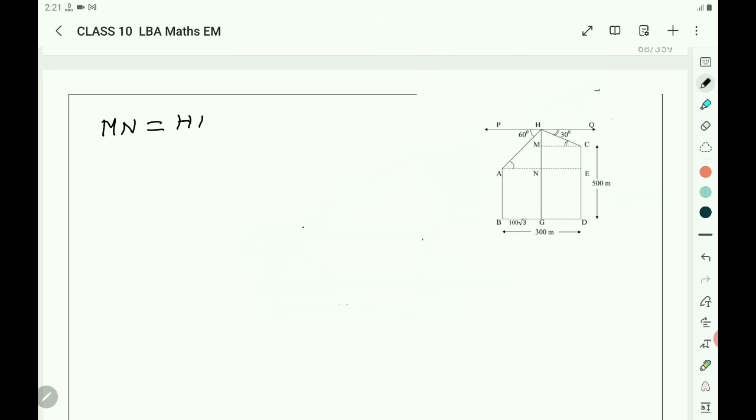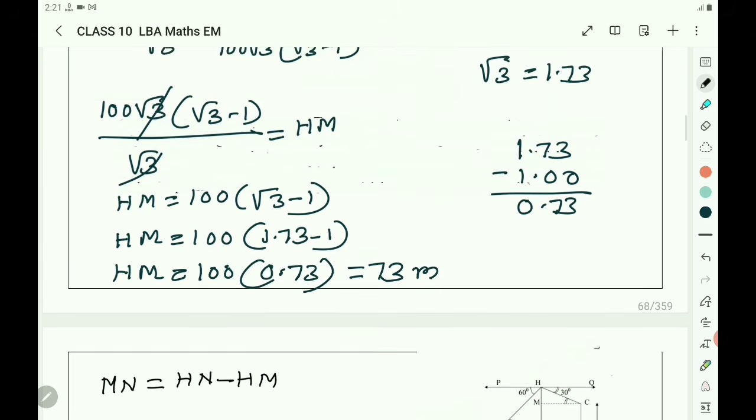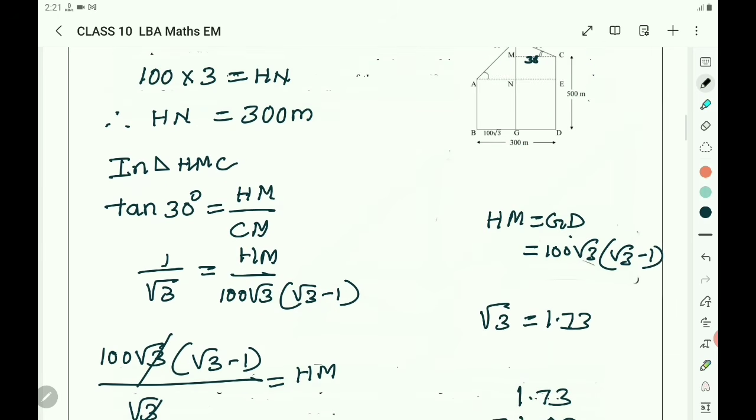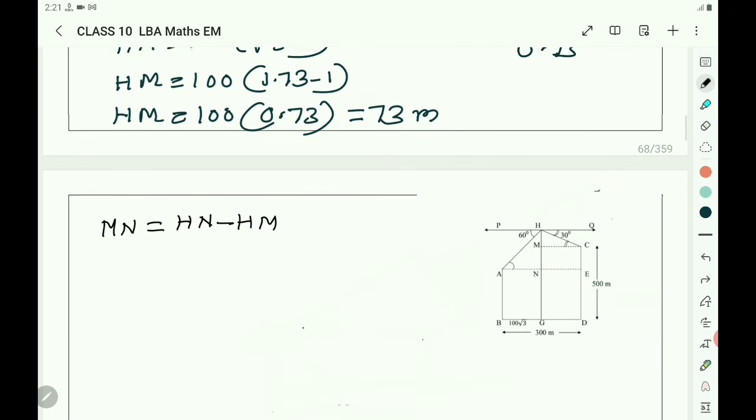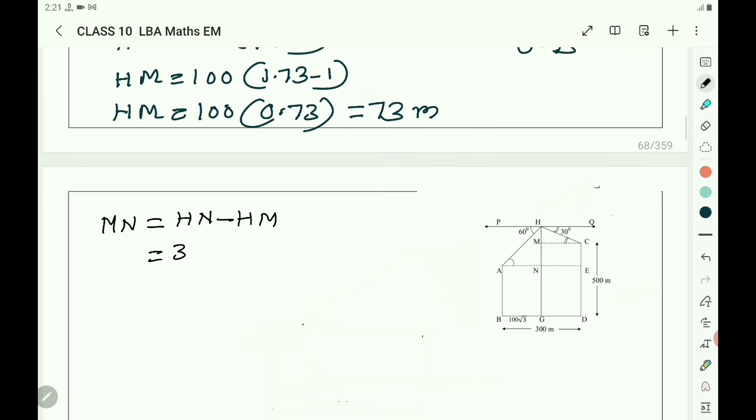HN minus HM. HN is 300 meter. 300 meter minus HM, which is 73 meter.